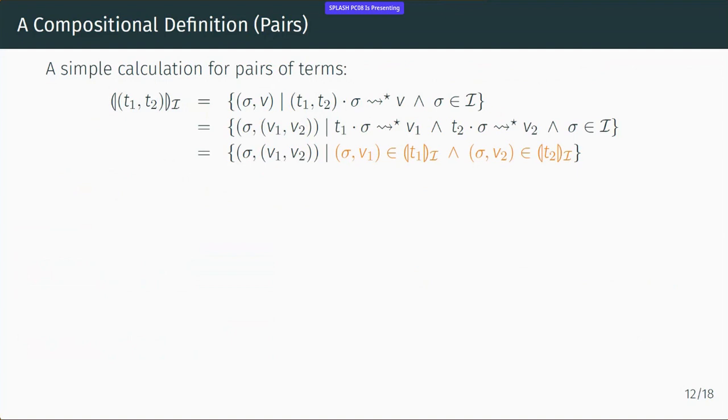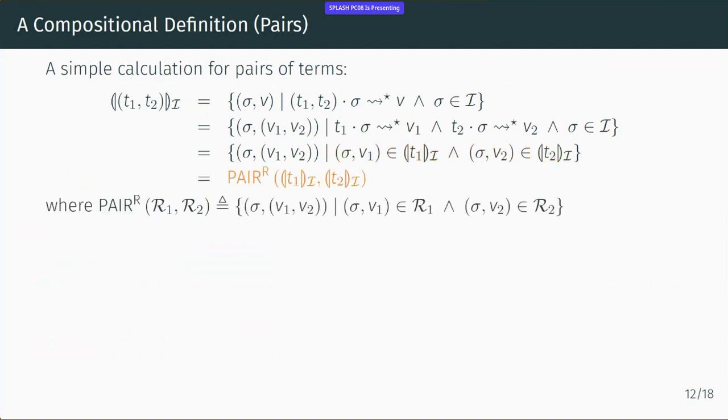So I may as well introduce a combinator on relations to write that down. Okay, and this combinator, pair, is defined like this. It contains value substitutions as input and pairs of values as output, such that if I provide this input sigma to R1 and R2, then I get back two values, V1 and V2, and these are the values that should compose the output.